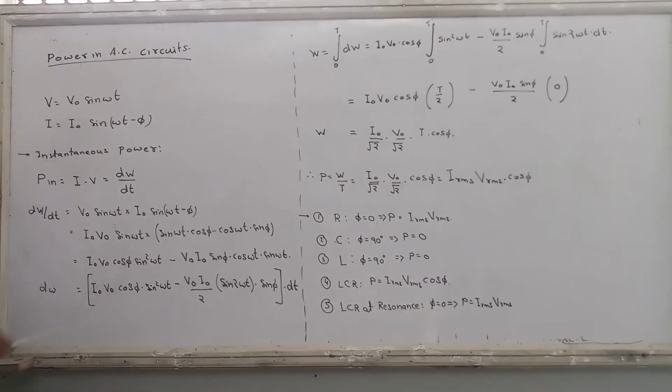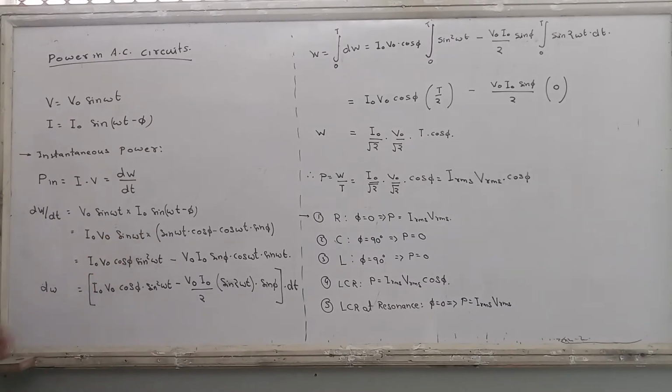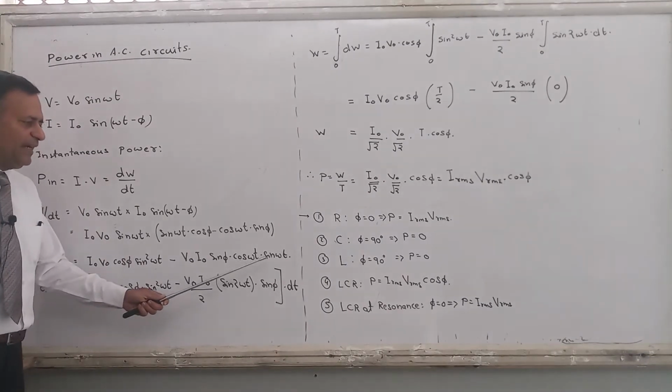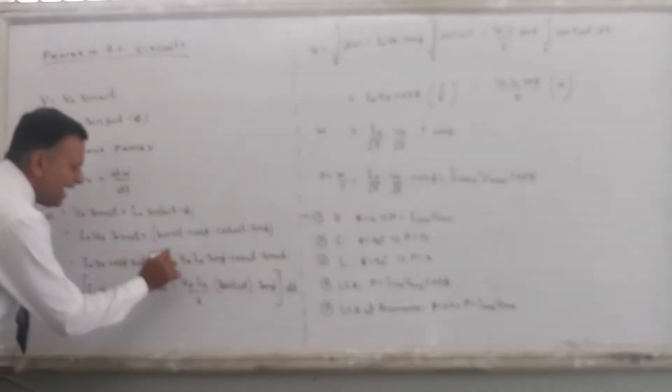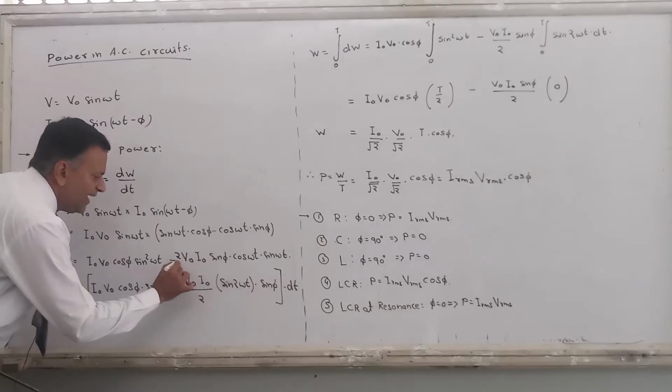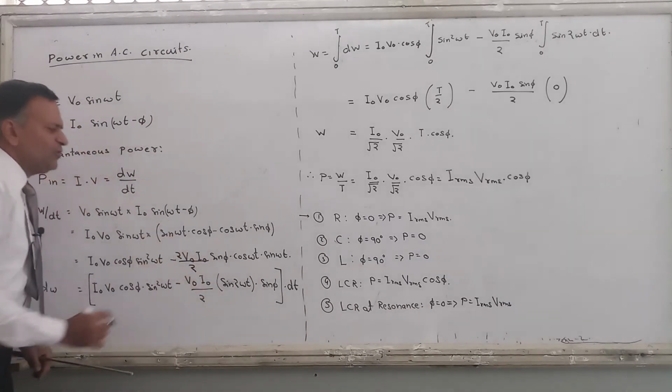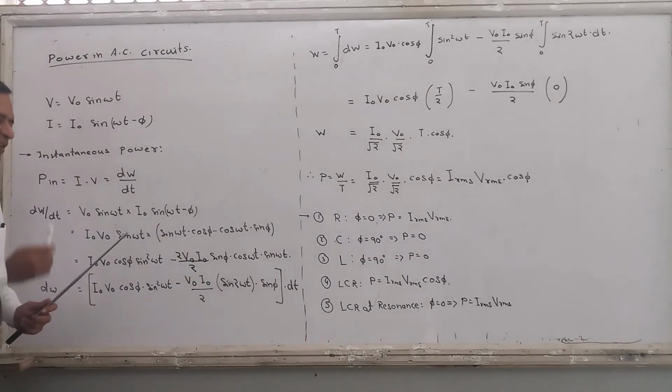Okay, now see here some mathematics is done in the second part. In the second part, see this is cos omega t, this is sin omega t. What I have done here is I have multiplied this by 2 and divided this by 2. 2 से multiply किया, 2 से divide किया. क्यों किया?